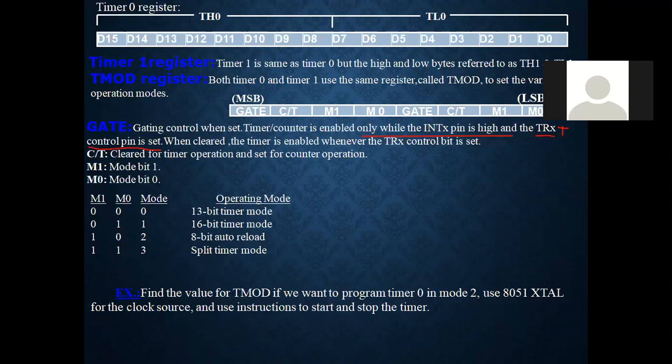Now you need to calculate the delay. Okay, so how to calculate the delay? Now there is a formula. I'm just writing the formula.